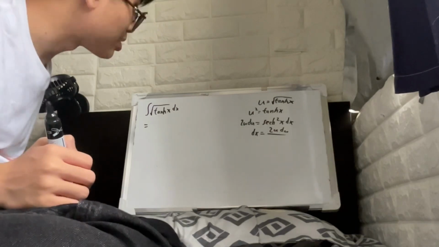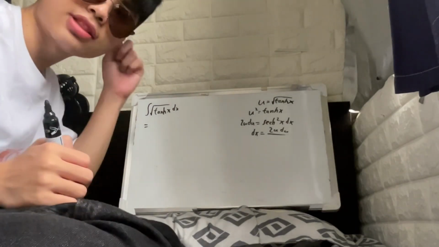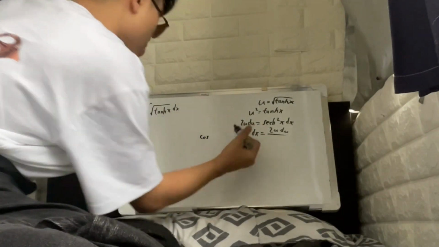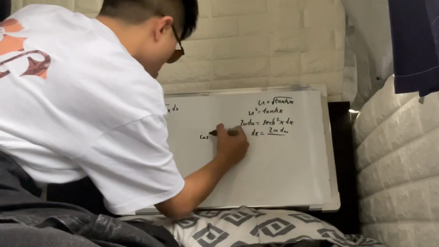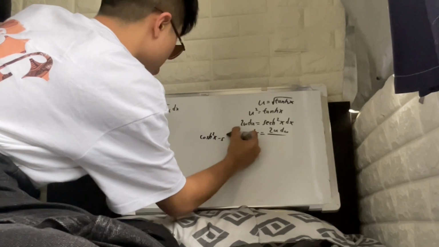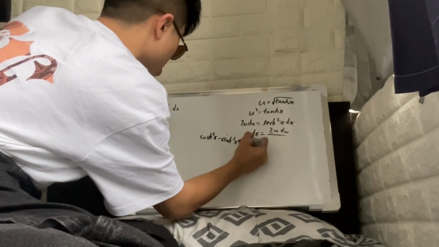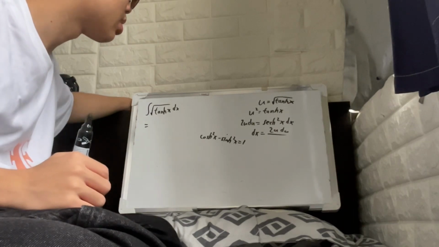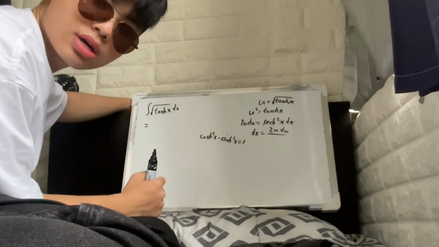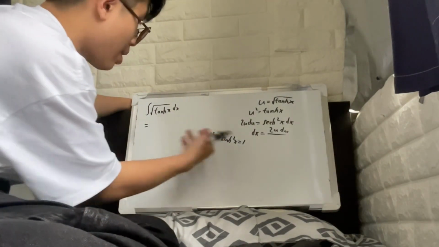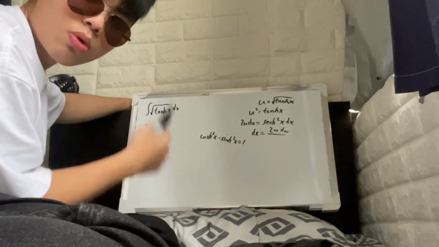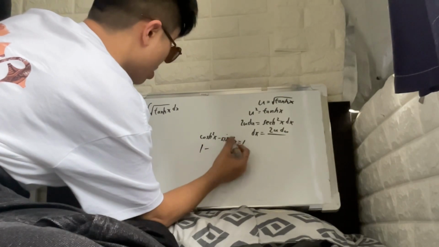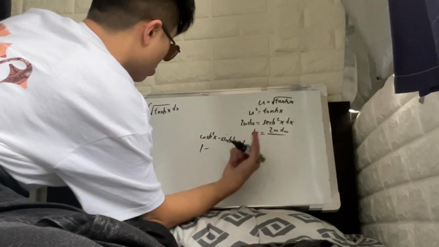Secant square x can be changed to tanhx, but I kind of forget the identity, so let me just write it here. We know the hyperbolic definition: cos square x minus sin square x is equal to 1. We want a tanh here, so just divide both sides by cos square x.